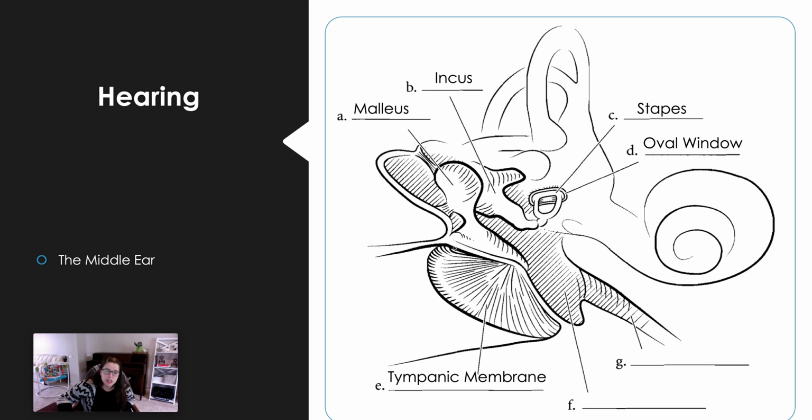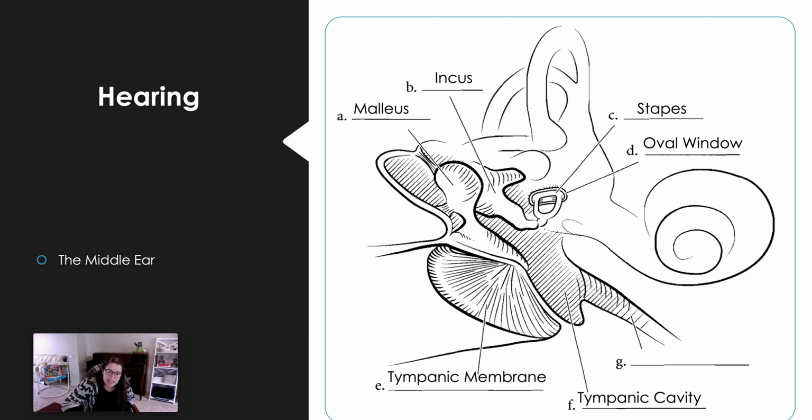In other words, we're just transferring vibrations. You hit the drum, the vibration continues through the malleus to the incus to the stapes. These are the three ossicles. These are the smallest bones in your body. And then the stapes is going to connect with the oval window so that we can connect our middle ear to our inner ear.